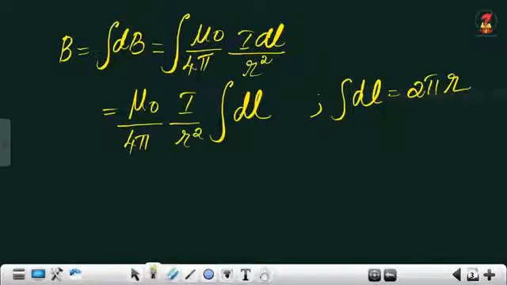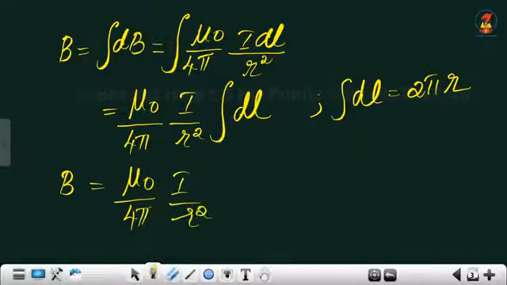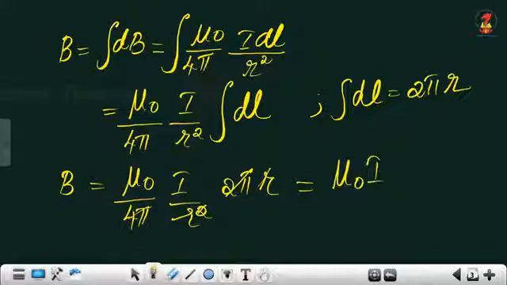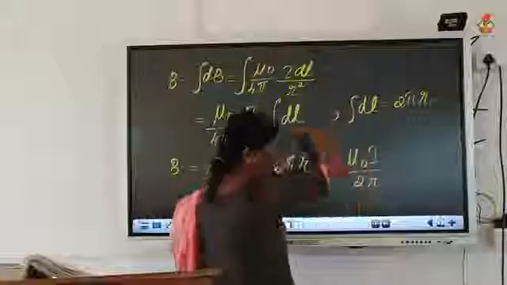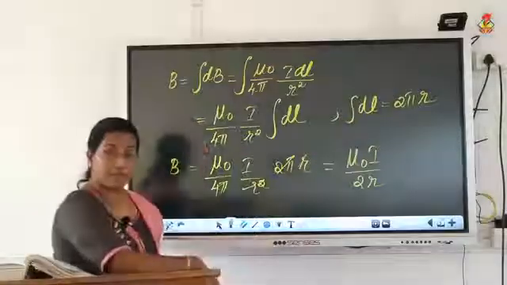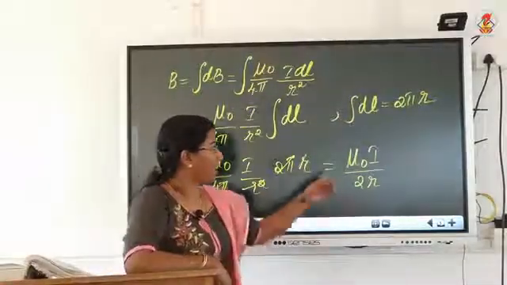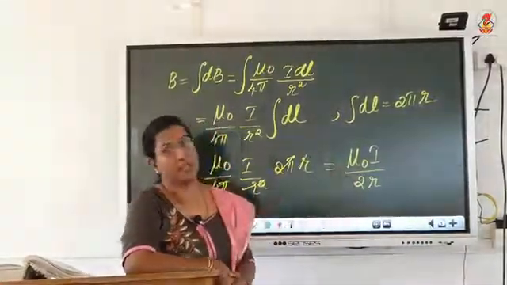Applying this we get B is equal to mu 0 by 4 pi, I by r square, into 2 pi r. Canceling the common terms, you get mu 0 I divided by 2r. So the magnitude of the magnetic field at the center of the coil is mu 0 I divided by 2r.